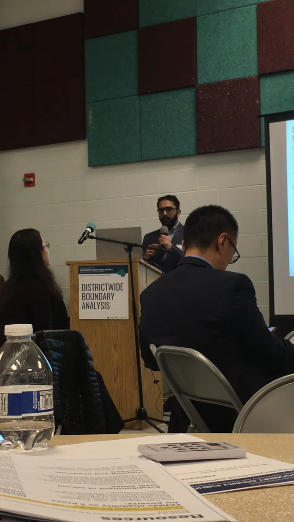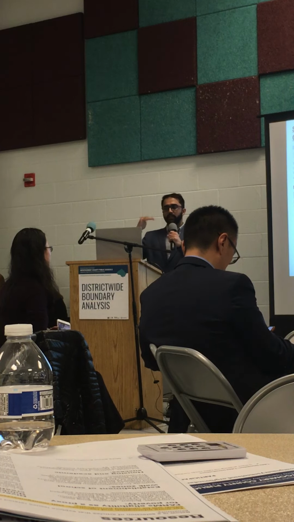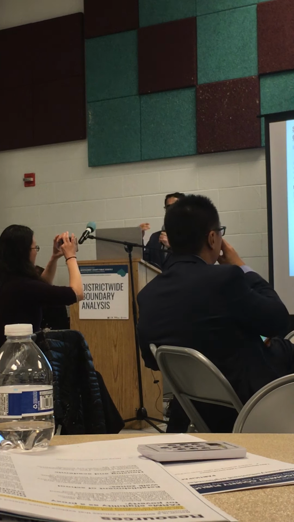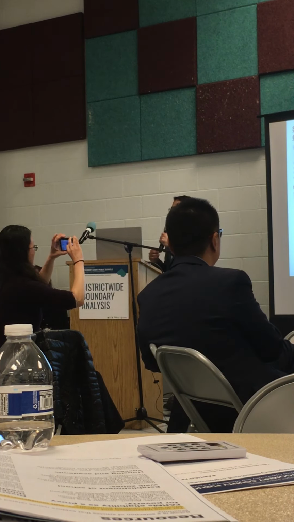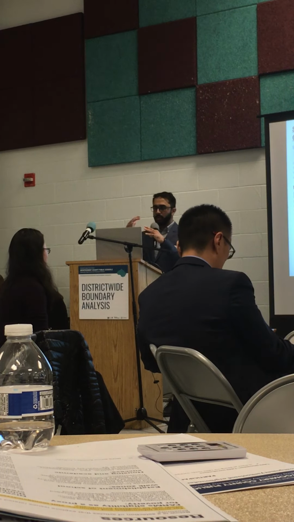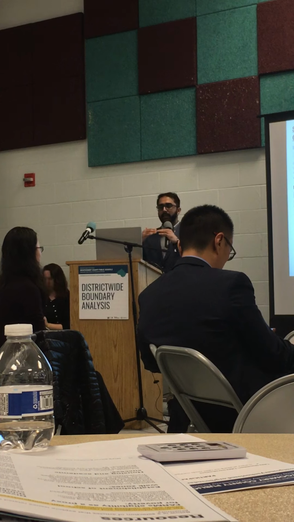When we look at middle school, that number goes up to 45%, which means that 45% of middle school students do not attend their closest school. Middle schools have the highest overall proportion of students who do not attend the school closest to them. But look at the disparities within that.